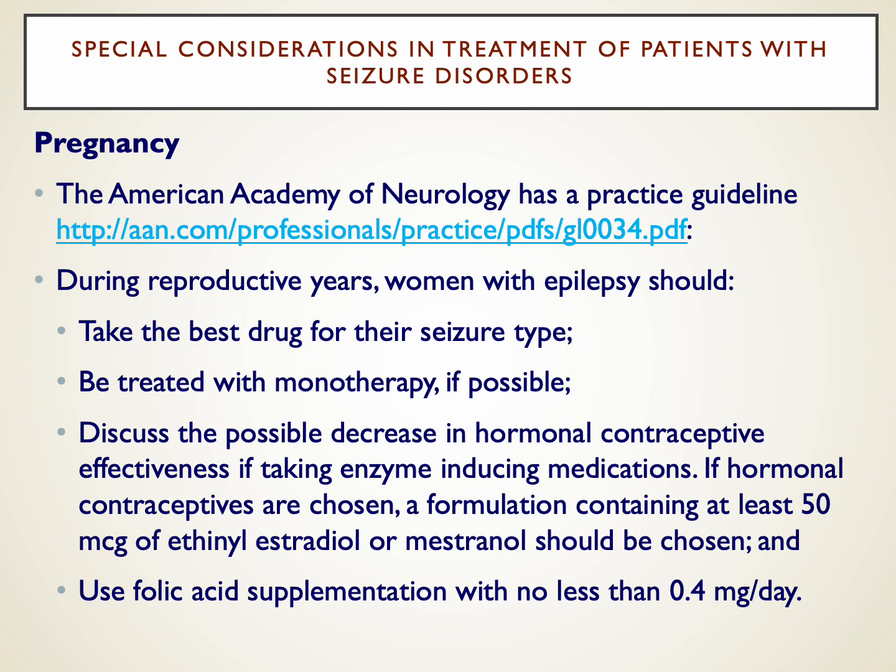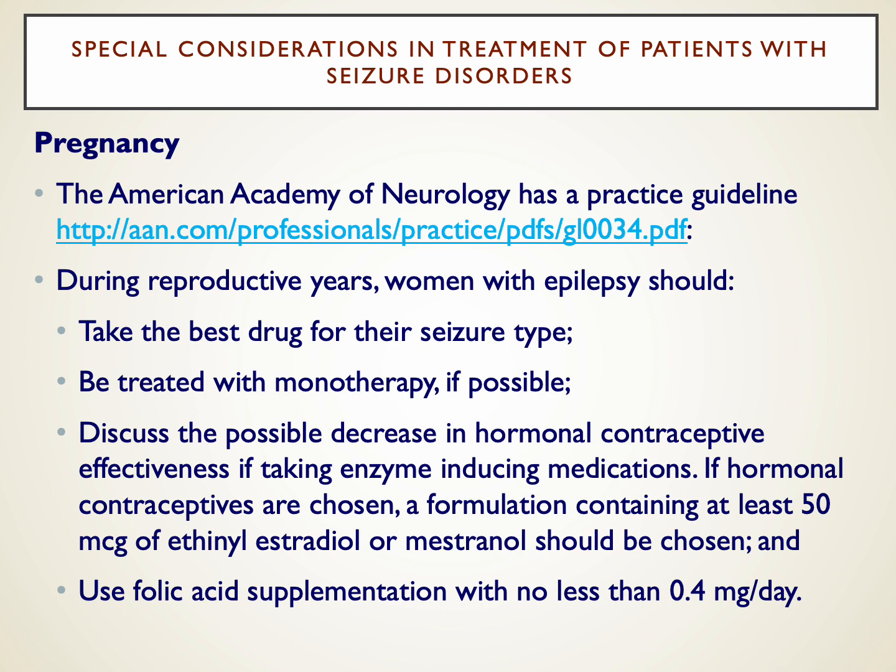Also, if the woman should become pregnant or could become pregnant, you want to be clear with both the neurology team and the OBGYN team about the risk benefit and a plan for managing pregnancy and seizure control.